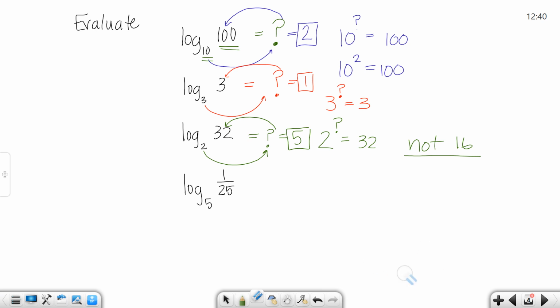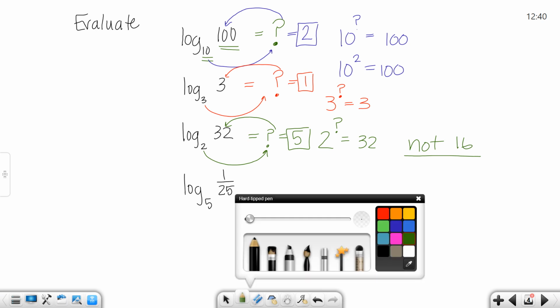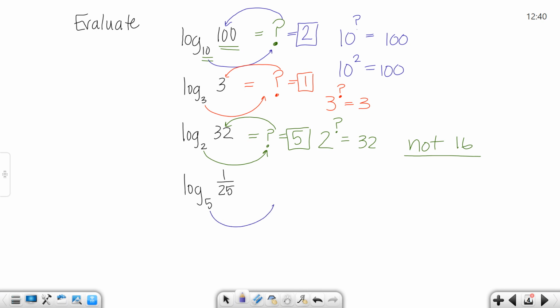Okay, let's try the last one. 5 to what power is 1/25? Okay, well, I know it has to do something with 2 because 5 squared is 25.